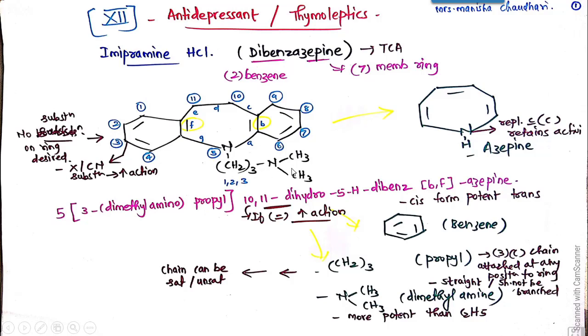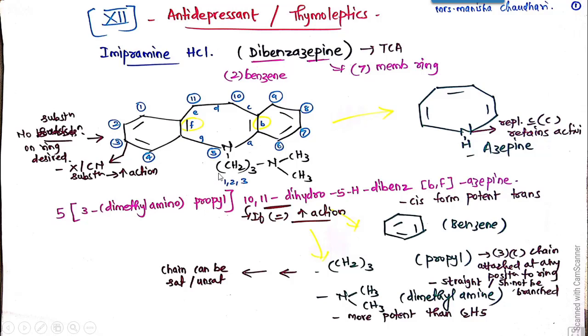Coming towards the nomenclature of imipramine hydrochloride, first look at the substituent. CH3, CH3N is dimethyl amino, which is at the 3rd position of propyl. Propyl is the parent chain, a 3 carbon chain, 1, 2, 3, and at the 3rd carbon dimethyl amino is present.